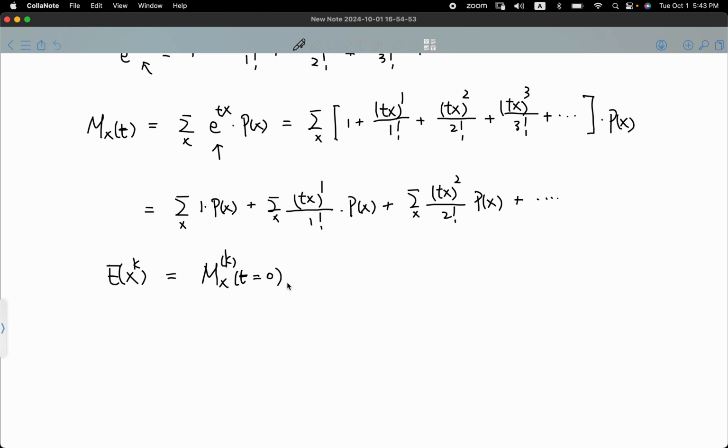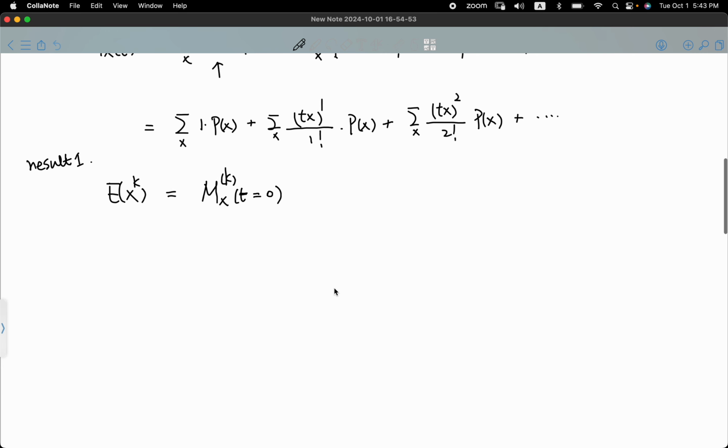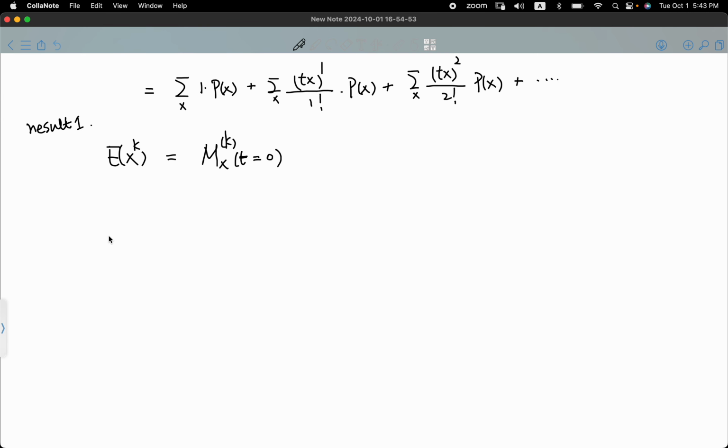First is that you take the derivative corresponding to the moment. If you want the first moment, take the first order derivative. If you want the second moment, take another derivative. After you have the derivative, set t equal to 0, and you will end up with the moments that you want. Okay. So maybe let me put the result 1 here. Okay, so next we are going to see why this is the case.